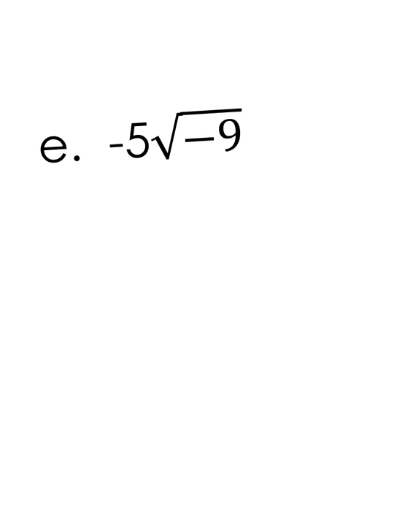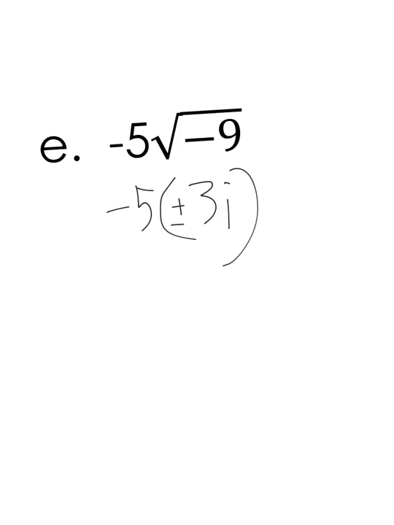Okay, E. What's the square root of negative 9? Well, that is 3i, and so that's plus or minus 3i. And we have this negative 5 on the outside. So you have negative 5 times plus or minus 3i. That's basically what you have.